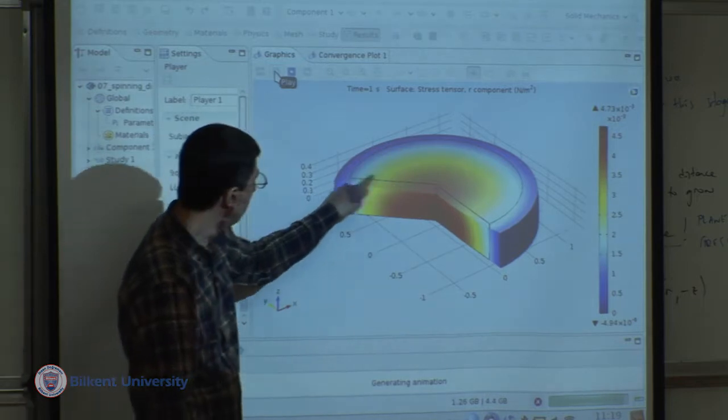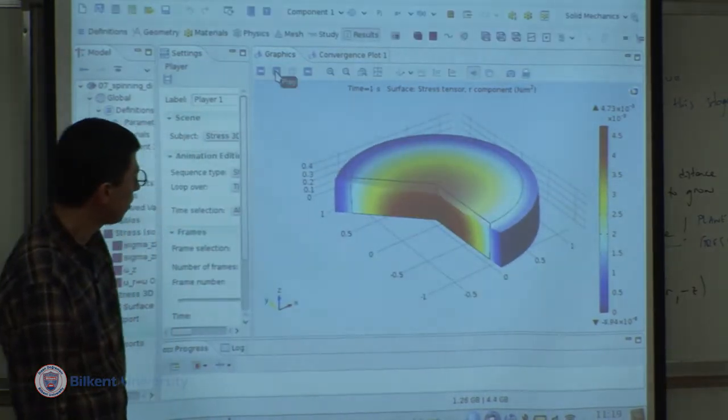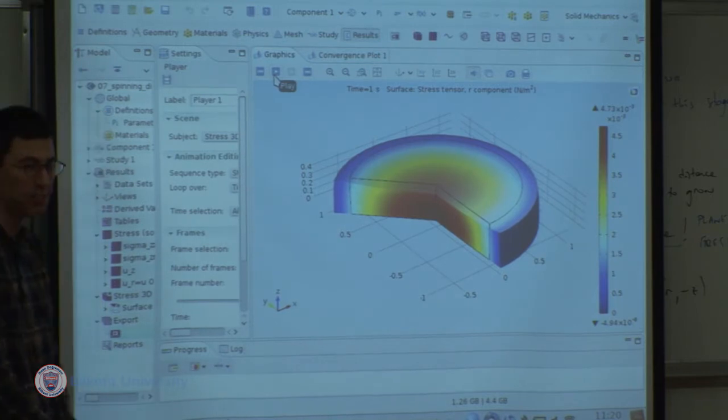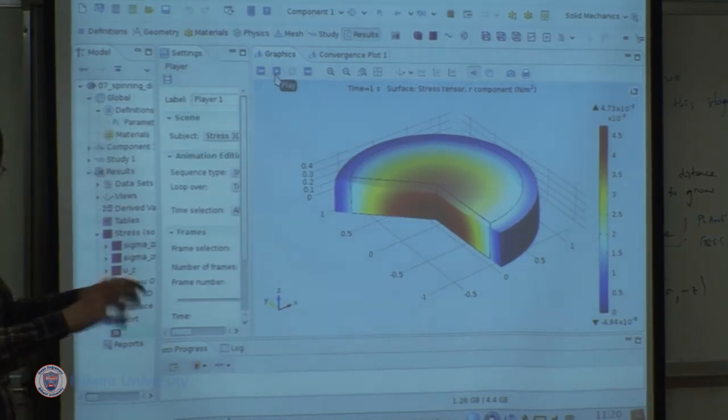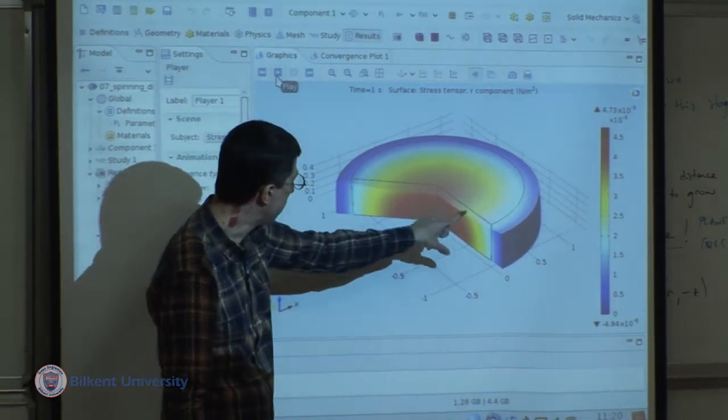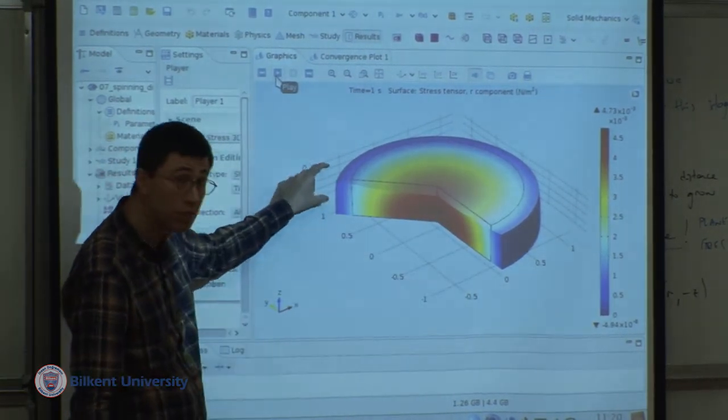These thin black lines indicate the original position. So it's pretty much conforming to my drawing, or my drawing conforms to this calculation. It spreads, it gets thinner in the middle. That's where the stresses are eventually highest. And it's thicker at the sides. It contracts less.